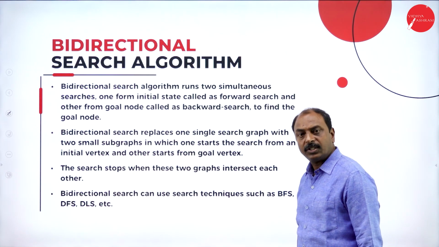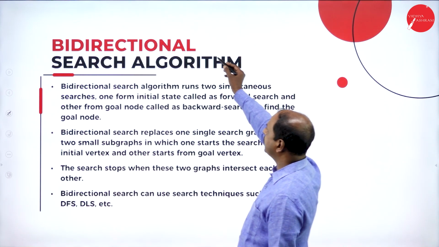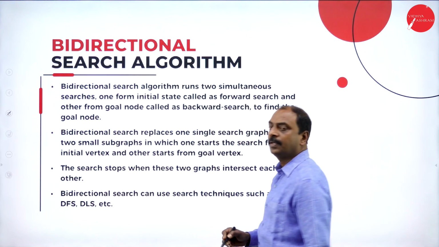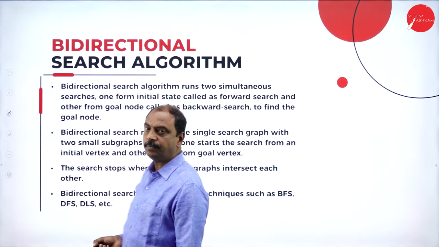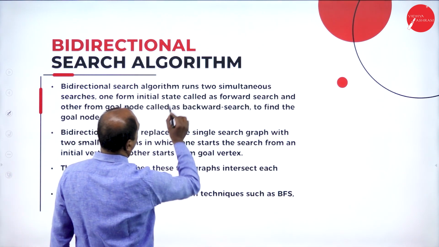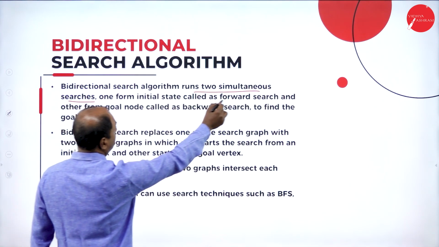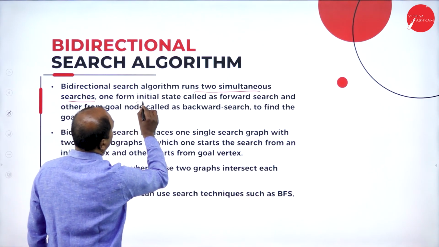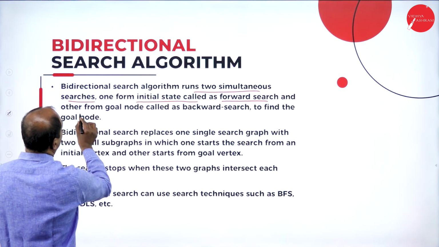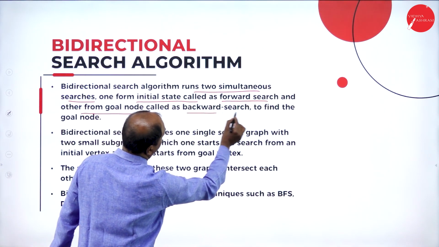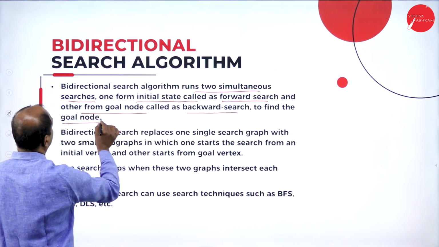Now we move on to the next algorithm, that is the bidirectional search algorithm. Let us see the definition. A bidirectional search algorithm runs two simultaneous searches, one from the initial state called the forward search, and the other from the goal node called the backward search, to find the goal node.